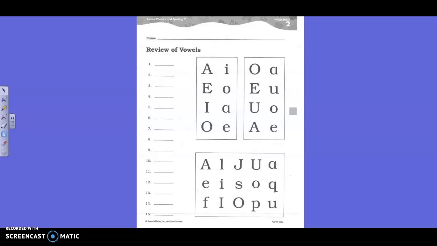Listen. You have your name on this paper, right? Make sure you write it nicely. It needs to look like a name.